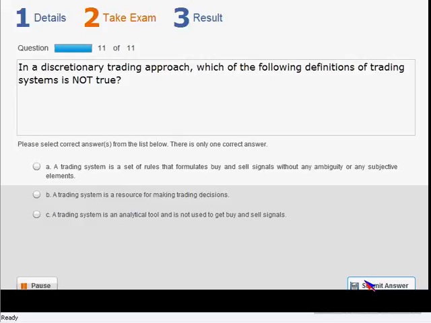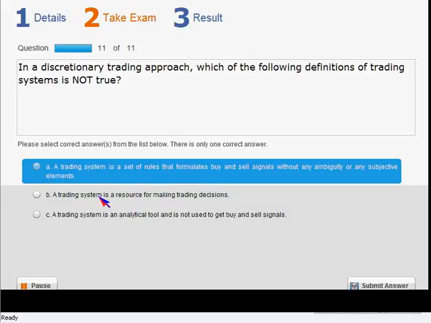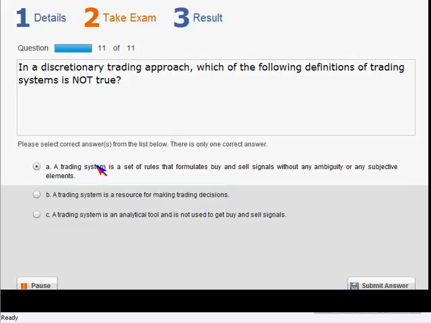C, a trading system is an analytical tool and is not used to get buy and sell signals. Which is not true? B. A trading system is a resource for making trading decisions. A trading system is a set of rules that formulates buy and sell signals without any ambiguity or any subjective element. Let's choose it. All right.